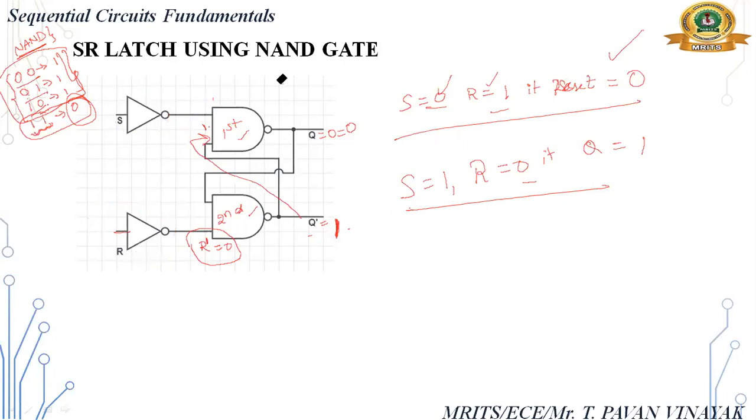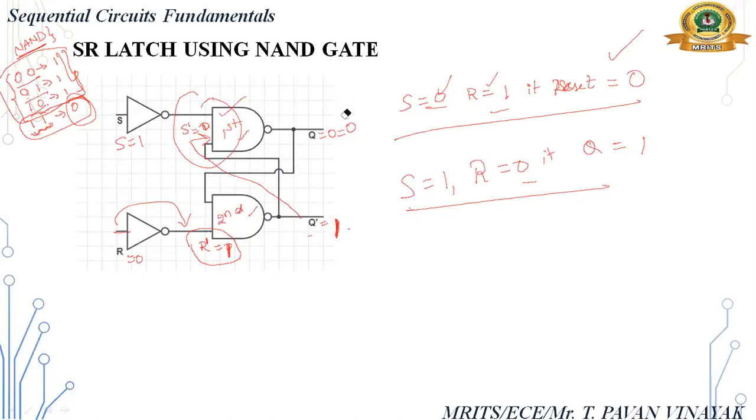Now what is here? S is equal to 1, R is equal to 0. Then R complement is 1, S complement is 0, right? When any one input is 0 for NAND, output is 1.